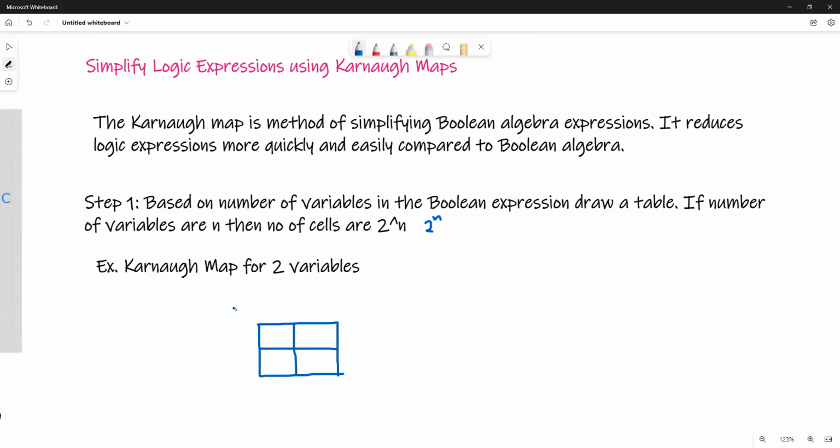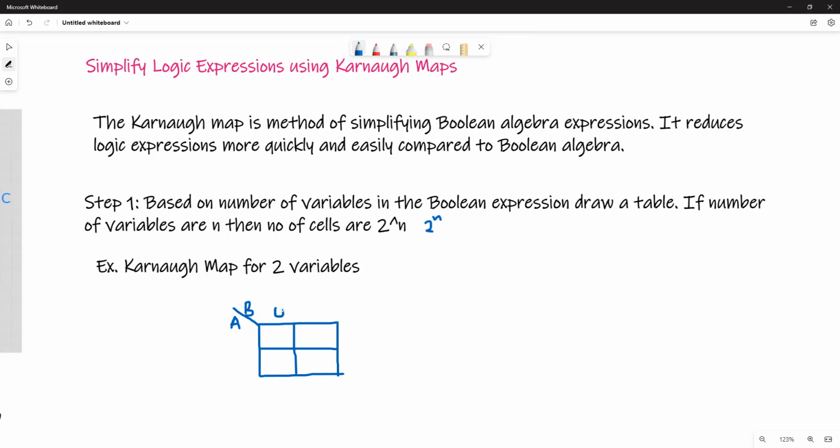And then I'm going to represent the 2 variables. Let's say A on one side, and B on this side. Usually when we have this, we know B has 2 states.